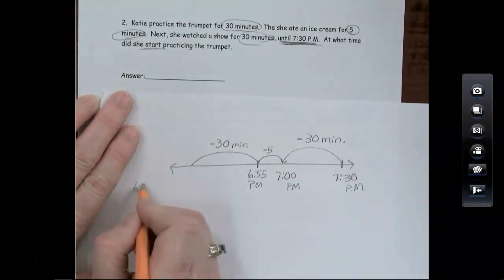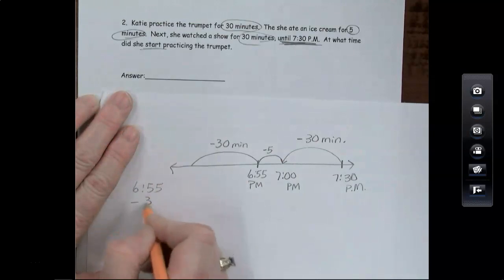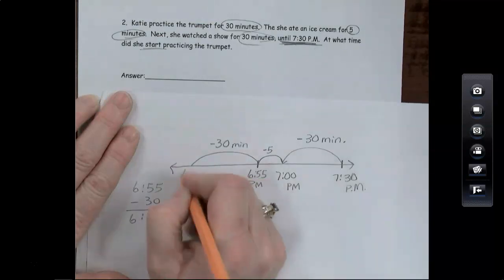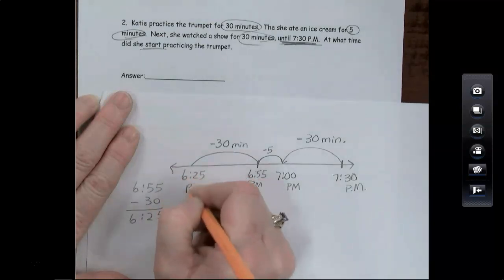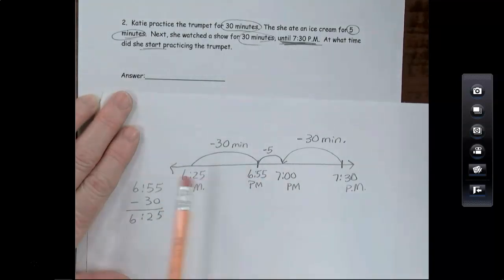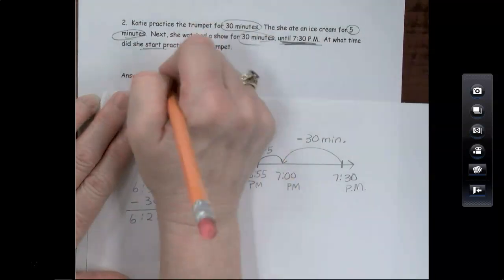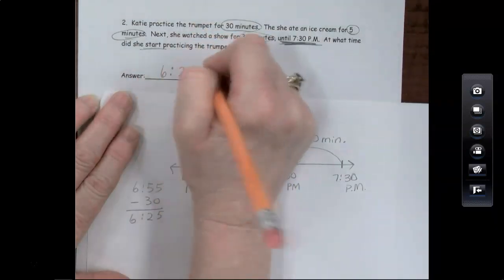We should be able to take the 6:55 minus the 30 minutes, only because we're within the same hour. We're going to go back to 6:25 p.m. That's the time she started. So she started at 6:25 p.m.